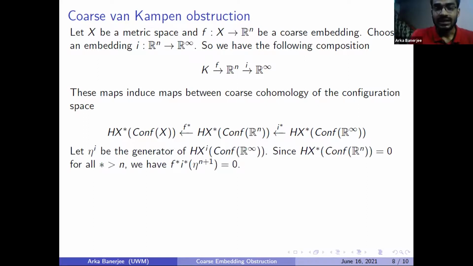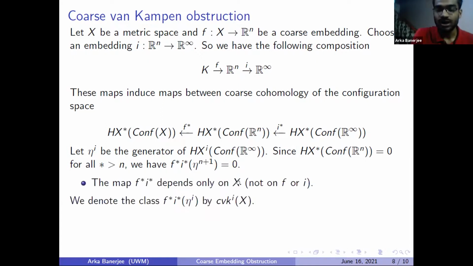Again we do the same thing. We know this is Z2 for all n between 2 and infinity, by the previous slide, so you can pick the generator from here. This one is 0 for all degrees above n, and so this composition is 0 when you apply it to eta to the n plus 1.